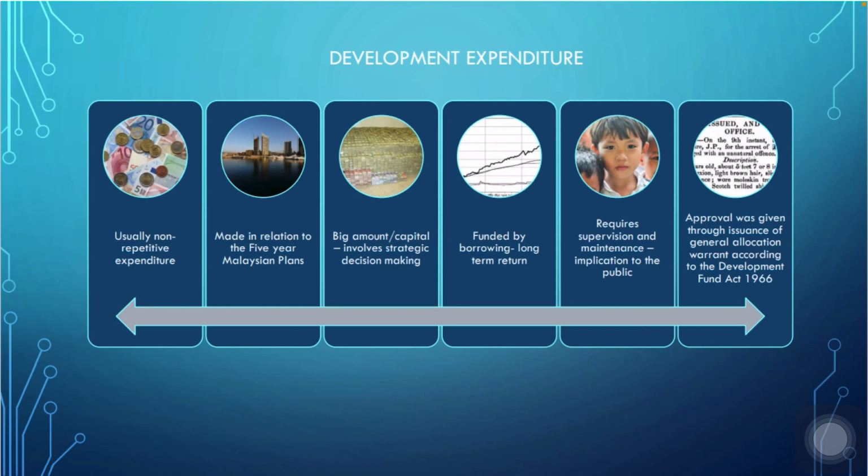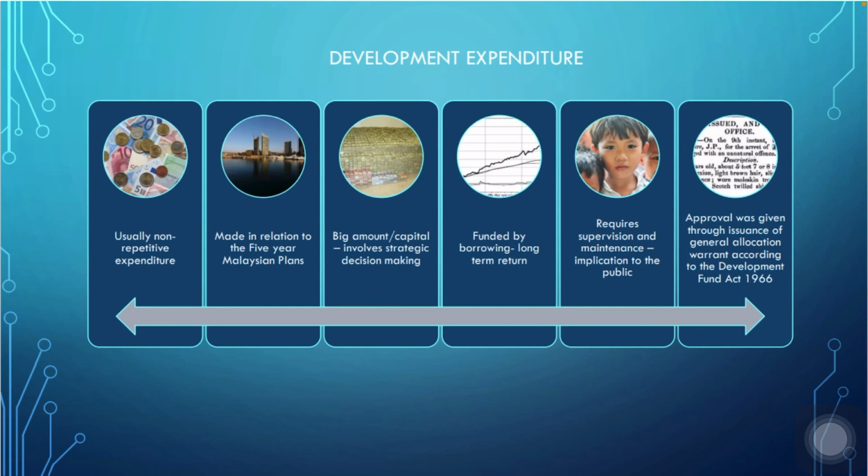Funded by borrowing, long term return. Contohnya macam kita ada ASB, ASB tabung haji. Next, require supervision and also maintenance because it can affect the public needs. Contoh macam education, infrastructure, services.